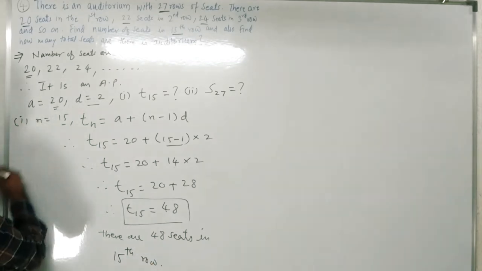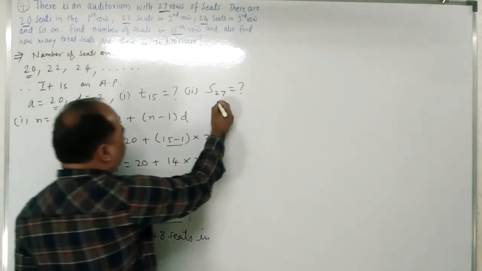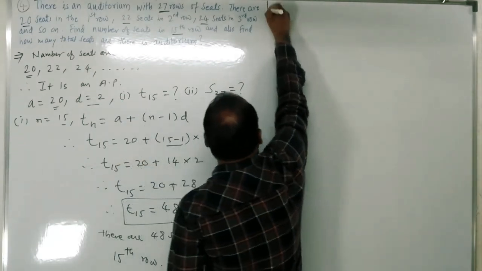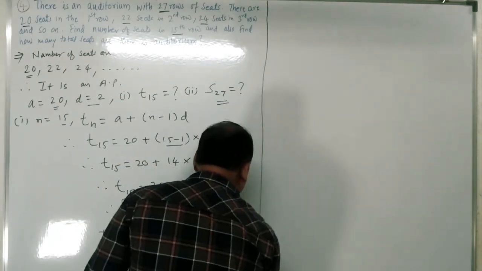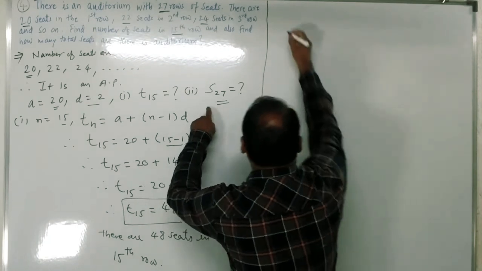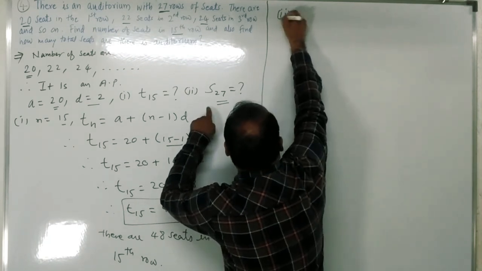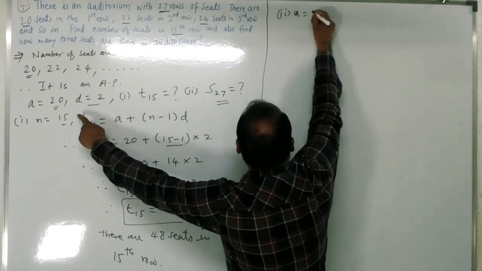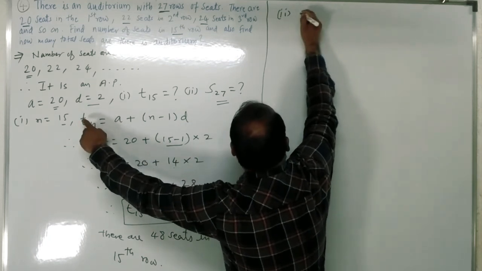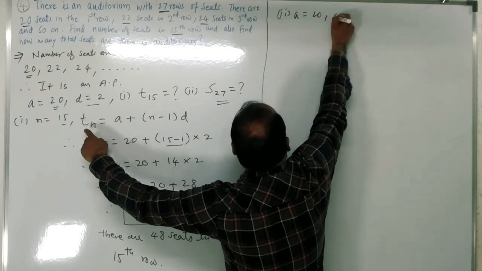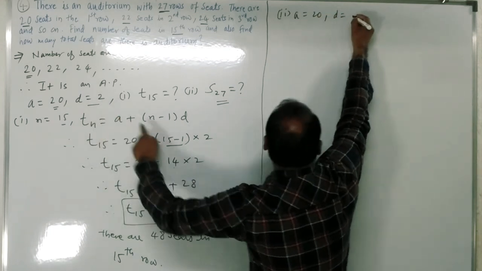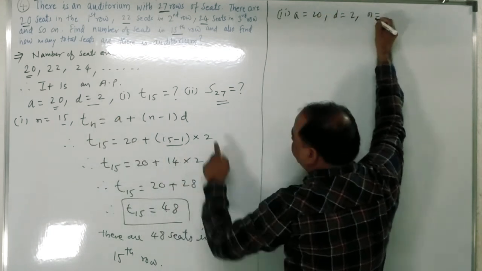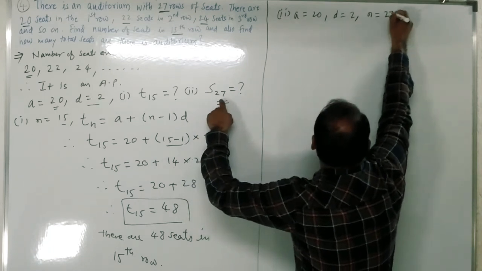Now second part, we have to find the total number of seats in the auditorium. For that purpose, A is the same, A is equal to 20, D is 2, but n will be equal to 27.